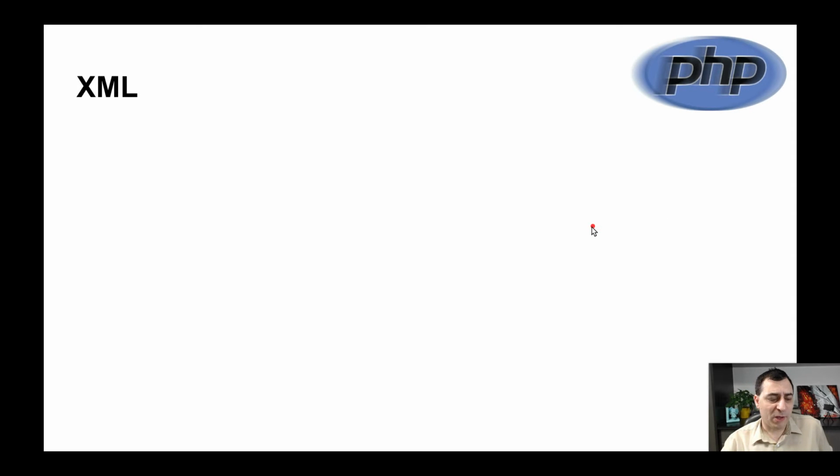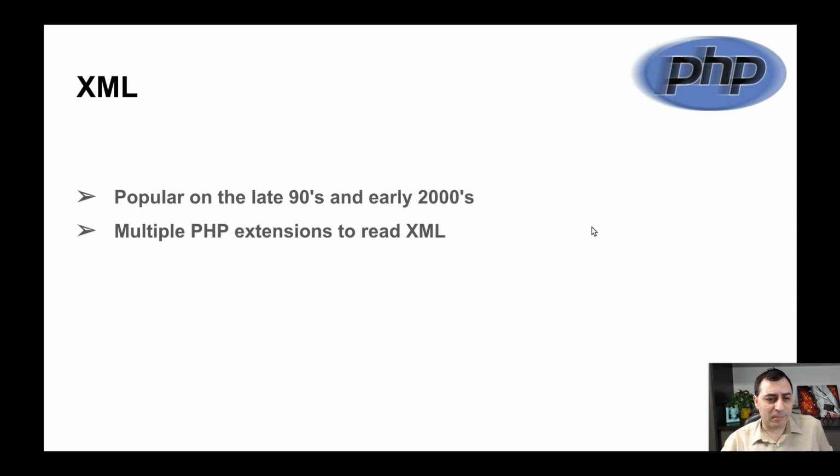Now let's move on to the XML format. This format used to be more popular in the late 90s and early 2000s. And in PHP there are several extensions that were added to make parsing and even generation of XML simpler. One of the simplest extensions is called precisely Simple XML.